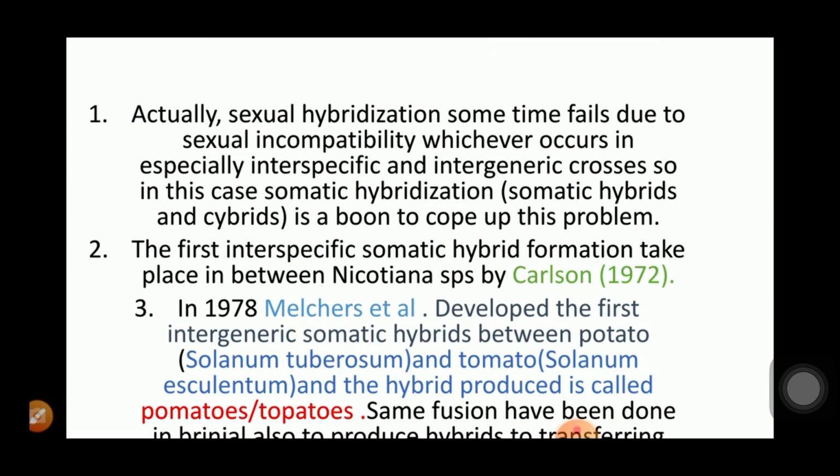So it is called incompatible. So due to sexual incompatibility, most of the plants are not able to grow into fruits or seeds. So here somatic hybridization is one of the boons to cope with the problems in those plants where sexual incompatibility is most common.